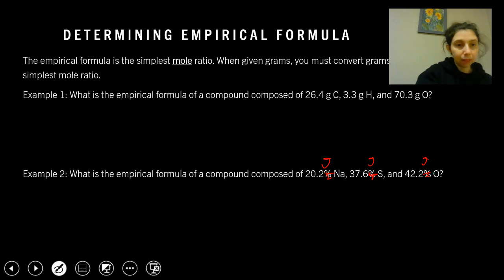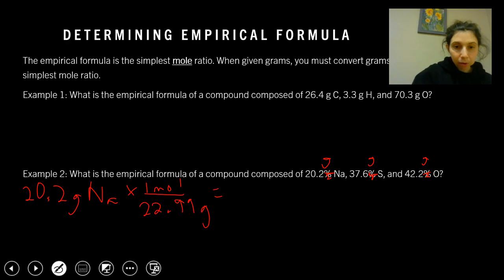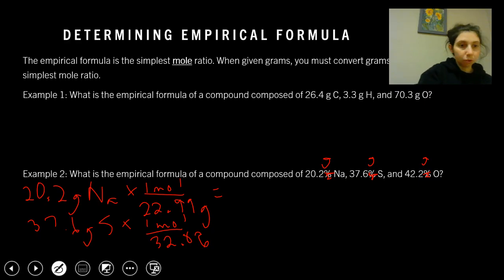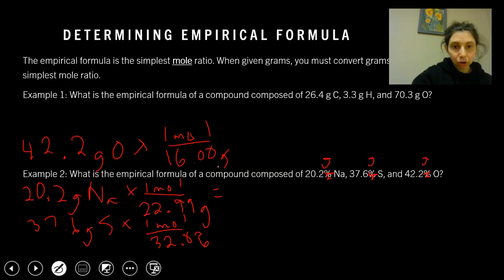So then I'm going to do exactly the same thing. I'll convert my grams of sodium into moles of sodium by dividing by the molar mass of sodium. I'll convert my grams of sulfur into moles of sulfur by dividing by my molar mass of sulfur. And I'm going to do my oxygen up here just because I'm running out of space. I'll convert my grams of oxygen into moles of oxygen by dividing by the molar mass of oxygen.